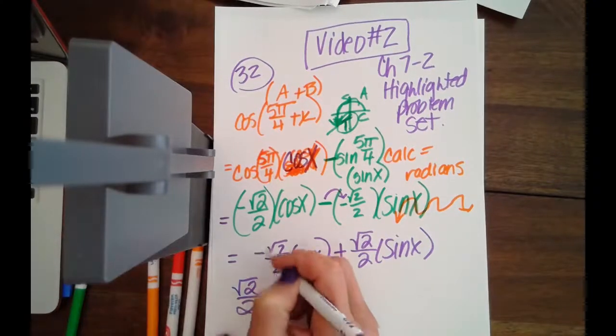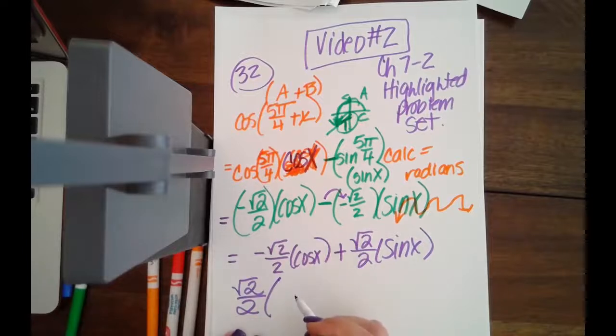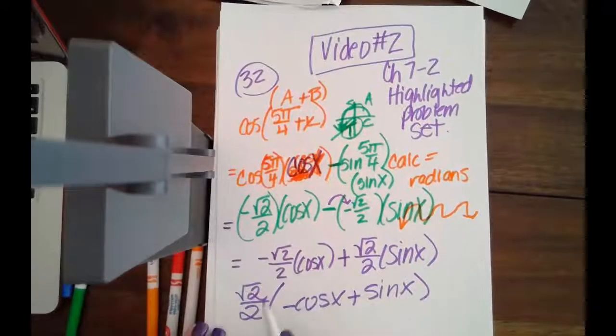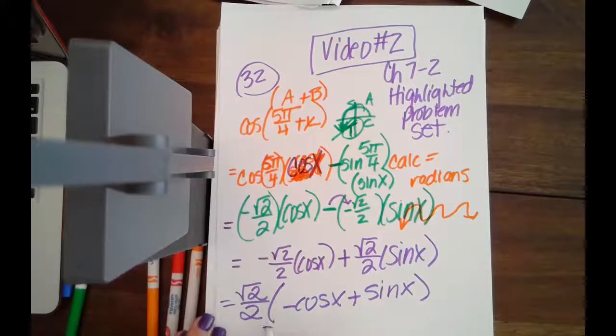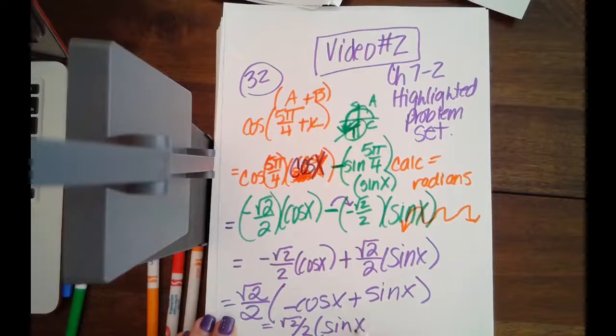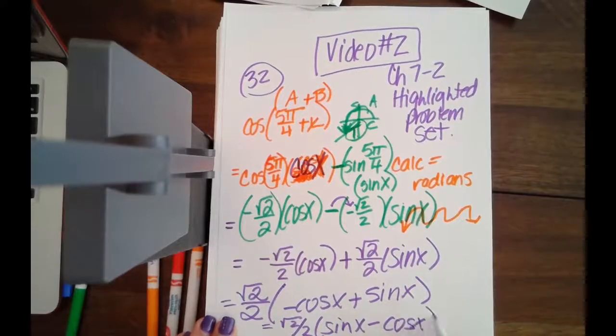So if we leave the negative and we factor out a radical 2 over 2, then it will leave us with negative cosine x plus sine x. And let's switch that around. So it should be radical 2 over 2 times sine of x minus cosine of x.